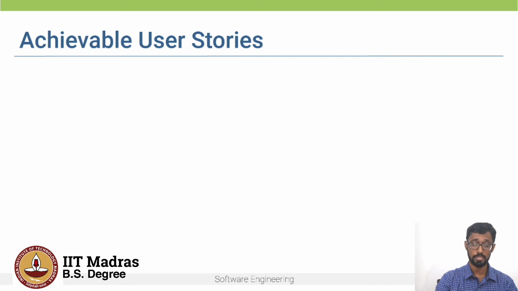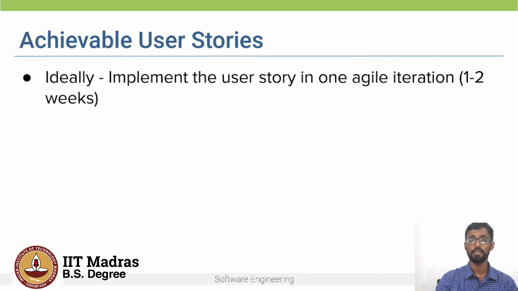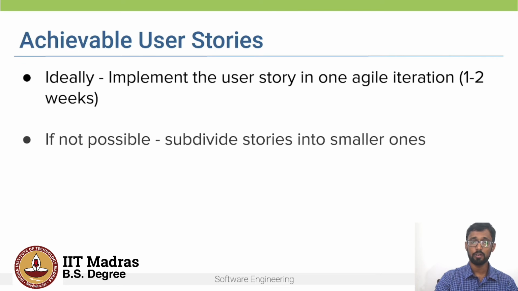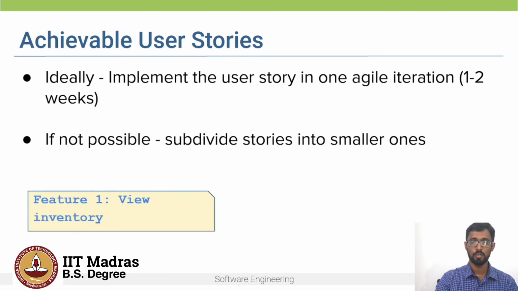Next, user stories should be achievable. Ideally, we should be able to implement a user story in one agile iteration, that is in 1 to 2 weeks. And if you're not able to complete one story per iteration, then they are too big and you need to subdivide these stories into smaller ones. For example, view inventory: we might not be able to implement this in 1 week or in one iteration.